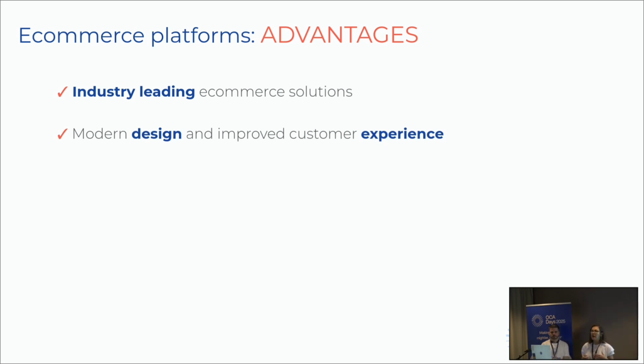Then about design, when you're choosing a template with WooCommerce or with Shopify, you will for sure find one that suits your needs, because they have thousands and thousands of different templates, and there are so many different websites already out there that you can compare with.